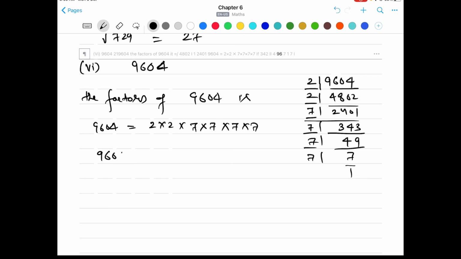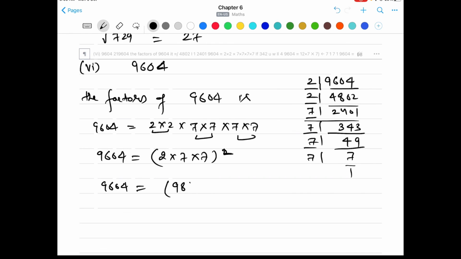Then write 9604 on the other side, and we'll make pairs of each number. We got one pair of 2, one pair of 7, and another pair of 7. From each pair we'll write the single digit, that is 2 into 7 into 7, and then I'll put the power 2 outside. Now multiply: 2 into 7 is 14, and 14 into 7 will be 98.